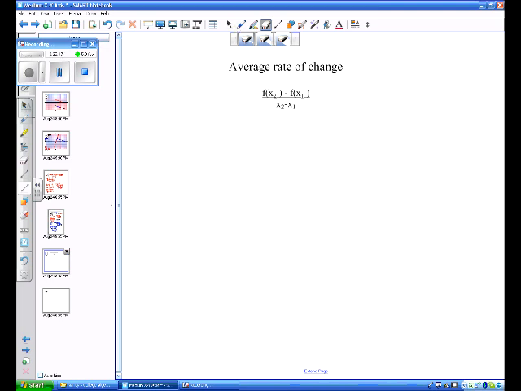Okay, let's say that we want to take the equation or the function f of x equals x cubed. Now, if we looked at this graph, and we're going to be looking at graphs in the next lesson, our graph would look something like this. So you can see that it doesn't have a constant slope.